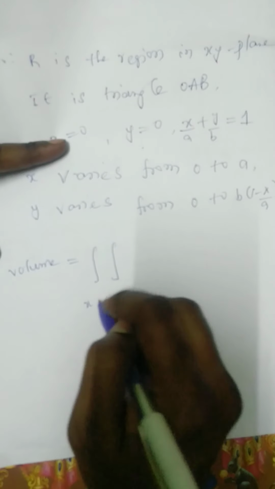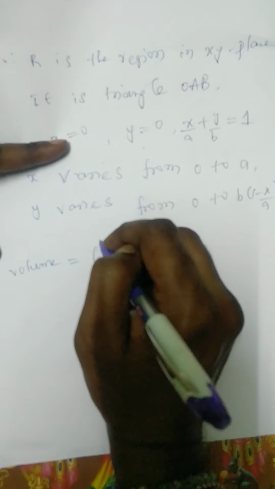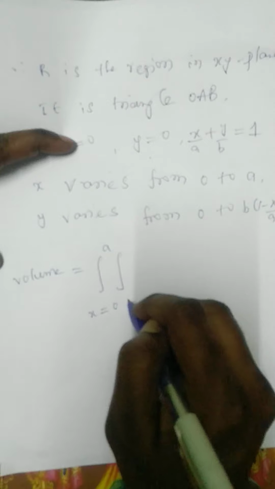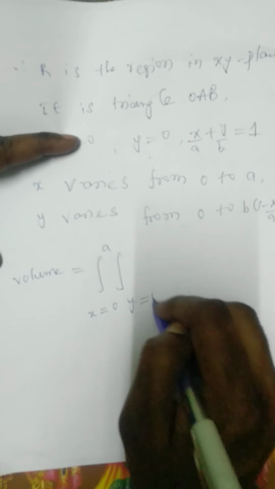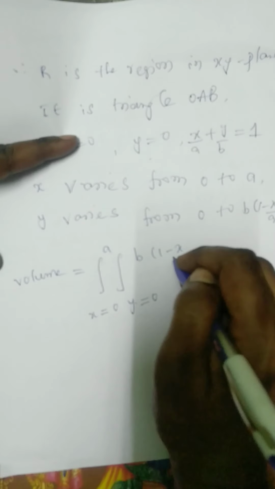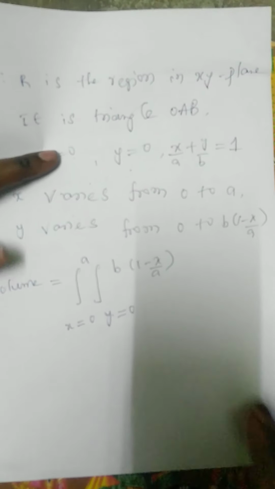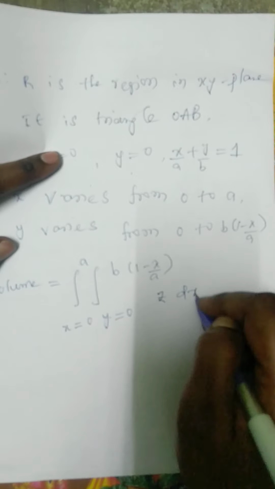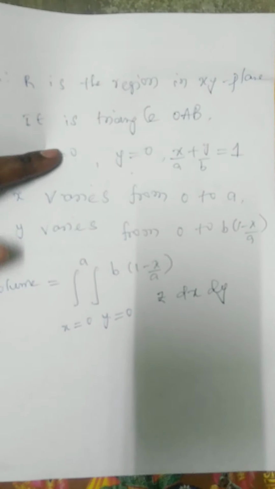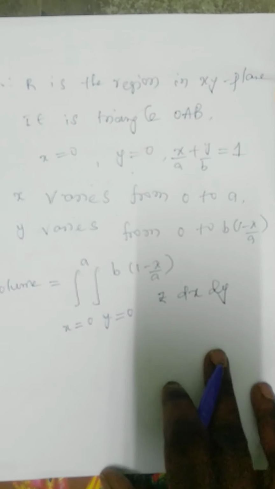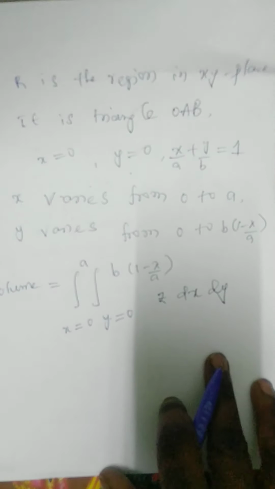What are the x limits here? x equals 0 to a. What are the y limits here? y equals 0 to b into 1 minus x by a. What is the formula generally? The formula is z into dx dy, double integral x equals 0 to a and y equals 0 to b into 1 minus x by a, dx dy.